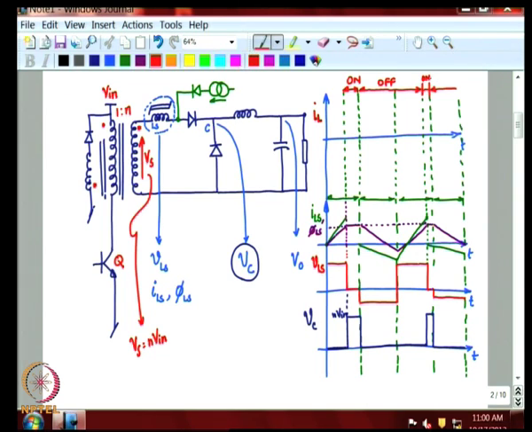So, the inductor current under steady state goes in this fashion, because this entire time width is the freewheeling time.